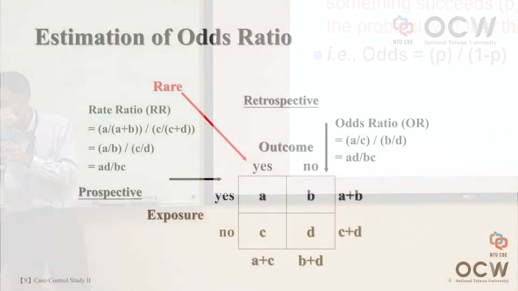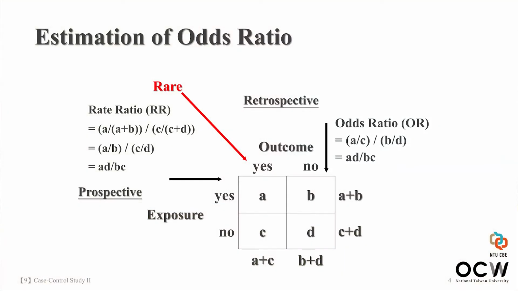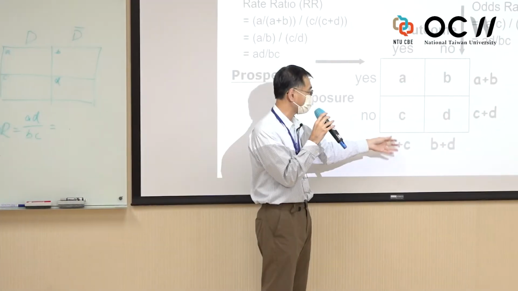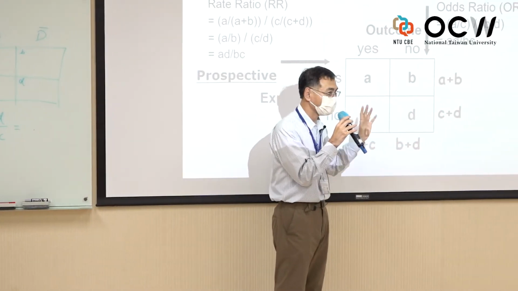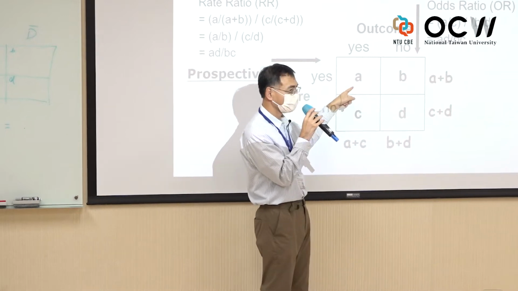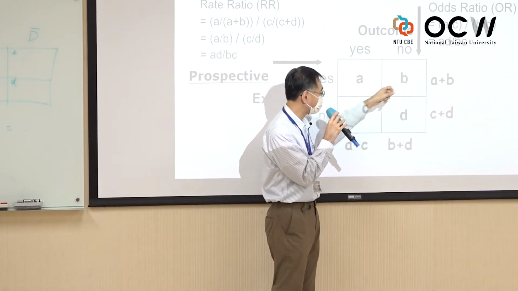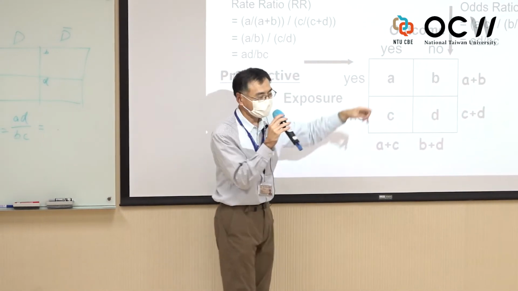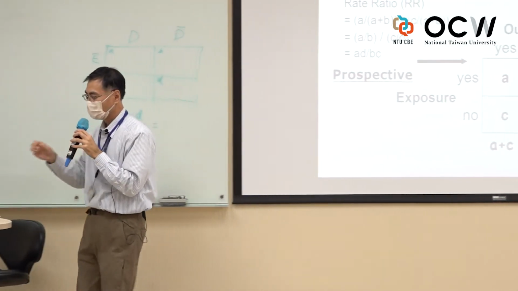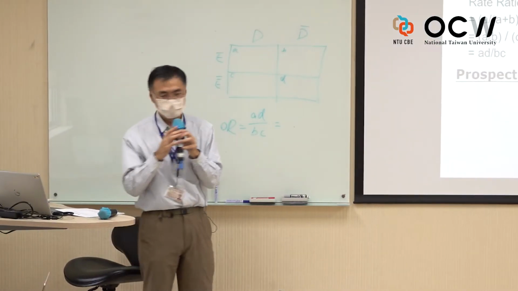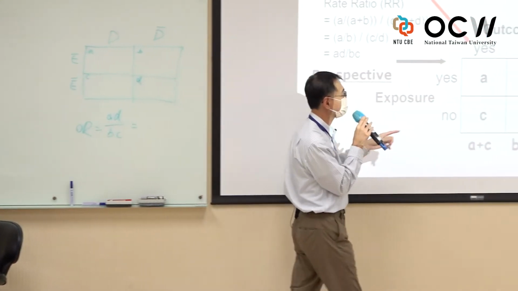Okay, and then we can apply the idea of the odds ratio to estimate the relative risk if it's retrospective. What we have is the total number of people with some disease and the total number of people without the disease, and this is exposure odds, right? Under the assumption of a rare disease, it is equal to AD over BC.